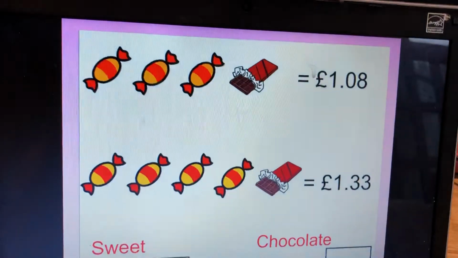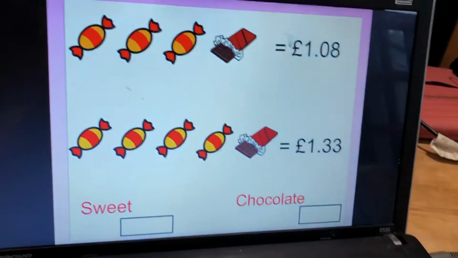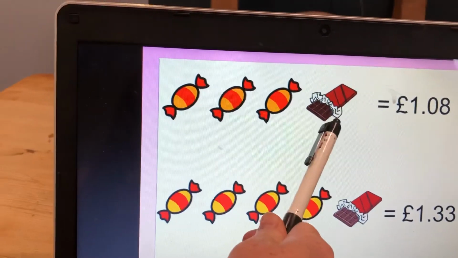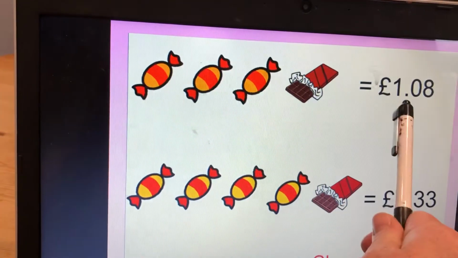So therefore I think that the chocolate bar is 33p, because I know that the sweets 25, 25, 25 and the 33p will add together to give me that.